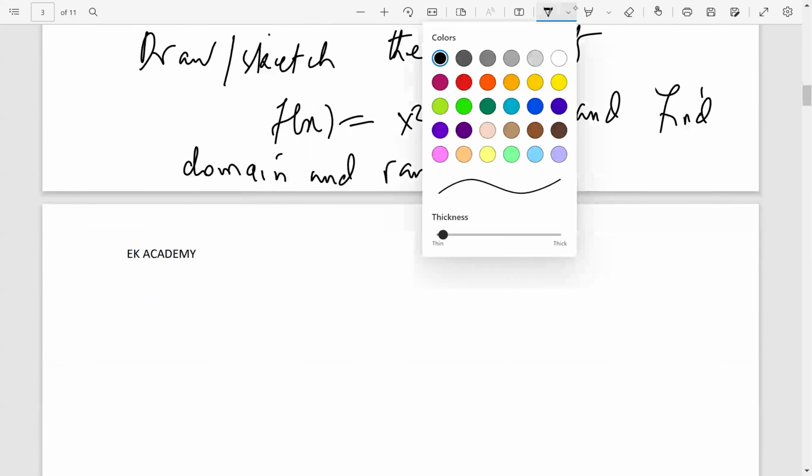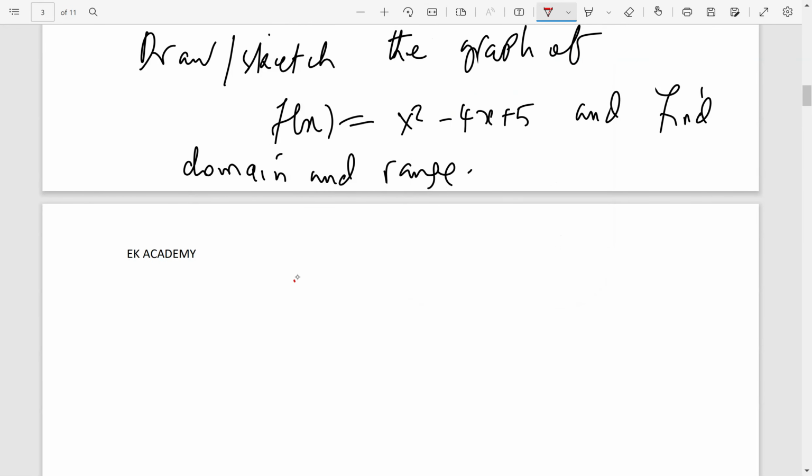So the first step is to check the function. As you can see, the function is f of x equals x squared minus 4x plus 5.